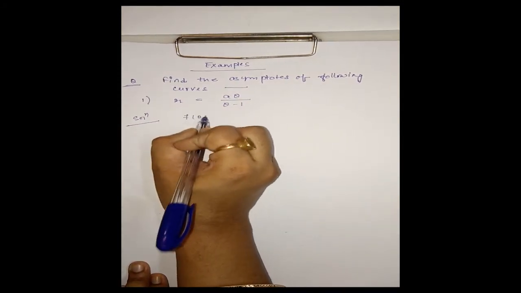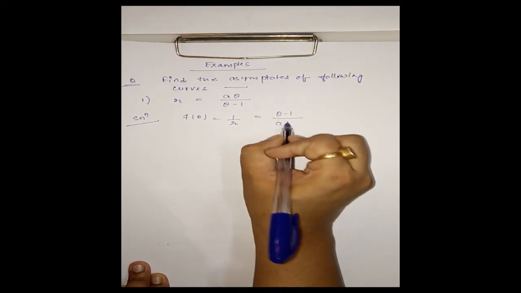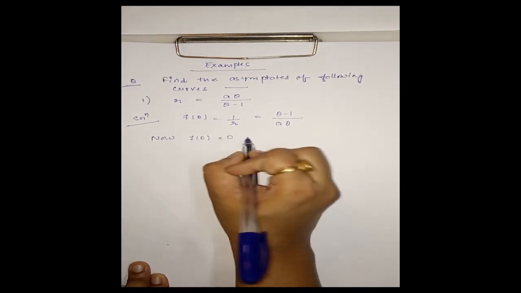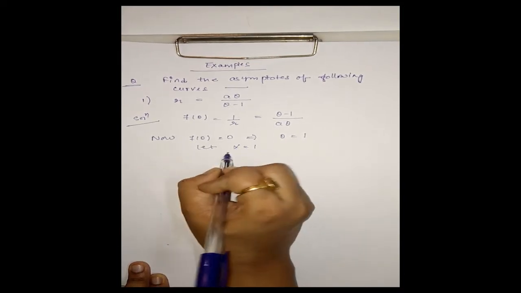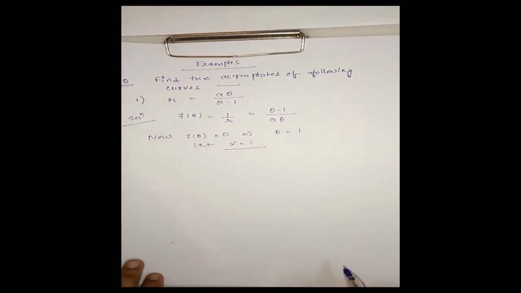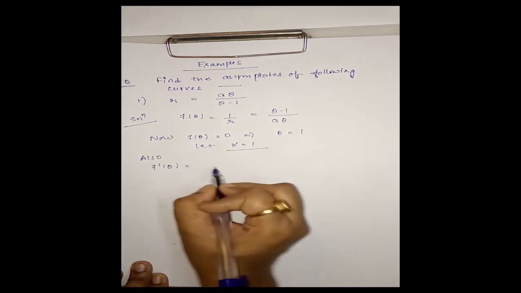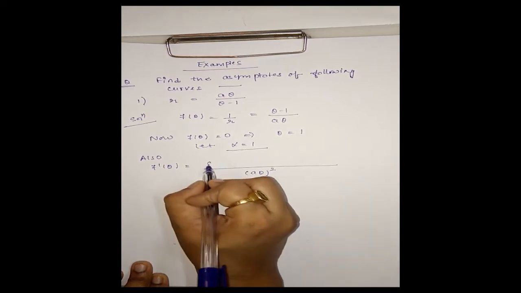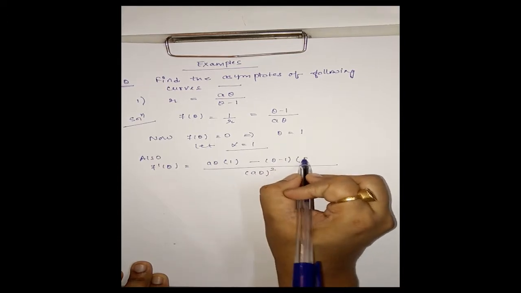Now we know f theta is equal to 1 upon r, that is, it is equal to theta minus 1 by a theta. Now f theta is equal to 0 will give us theta is equal to 1. Let us take alpha to be 1 because alpha is the root of f theta is equal to 0. Also f dash theta, applying quotient rule of differentiation, is a theta into 1 minus theta minus 1 into a, over a theta whole square.